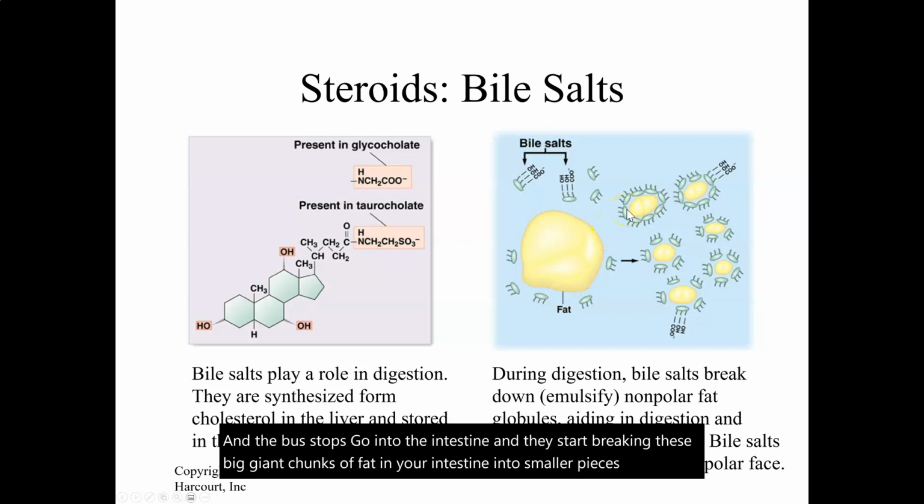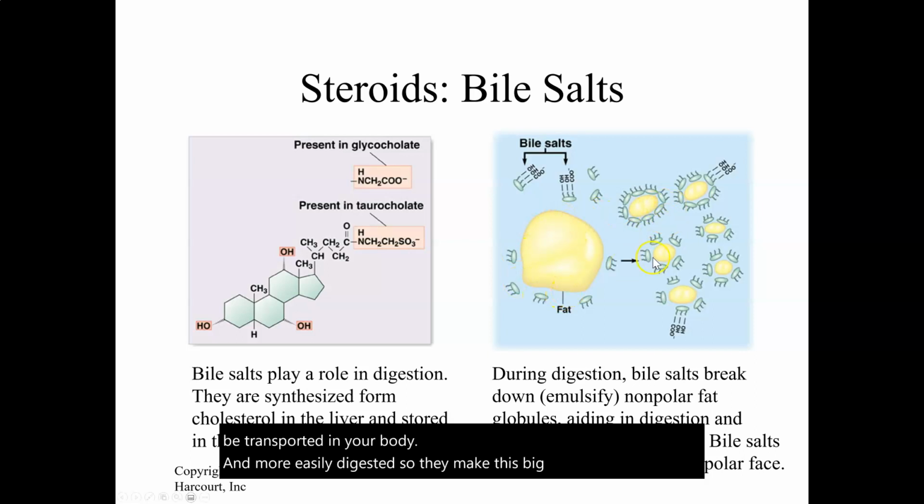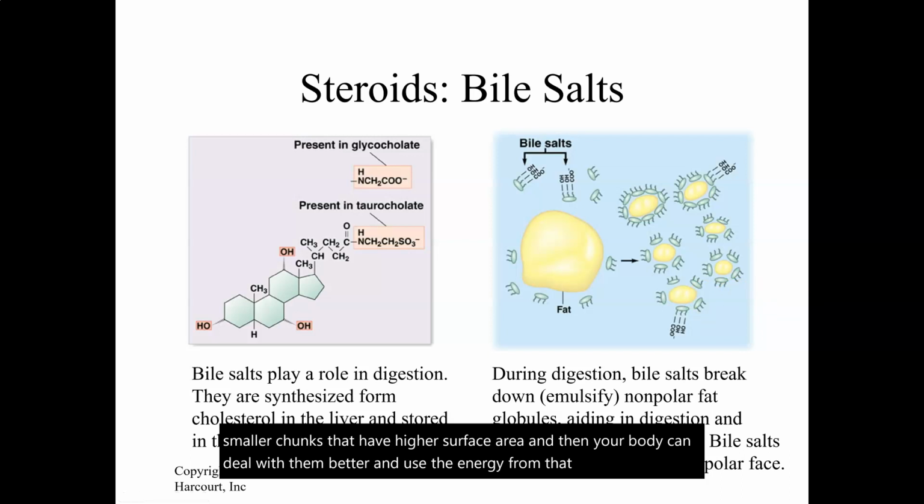They do something called emulsify. They surround the molecule so that these ends are water soluble, and the nonpolar side of these bile salts surround the nonpolar fat molecule. And then these little droplets can be transported in your body and more easily digested. So they make this big giant chunk into smaller chunks that have a higher surface area, and then your body can deal with them better and use the energy from that fat that you've eaten.